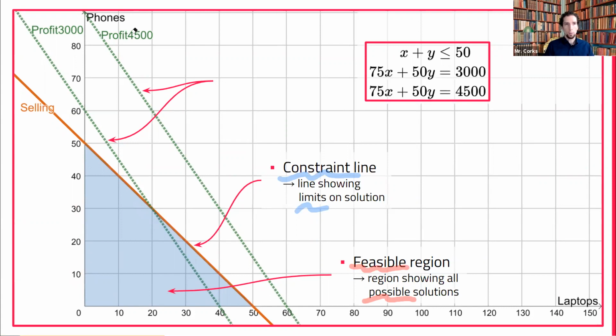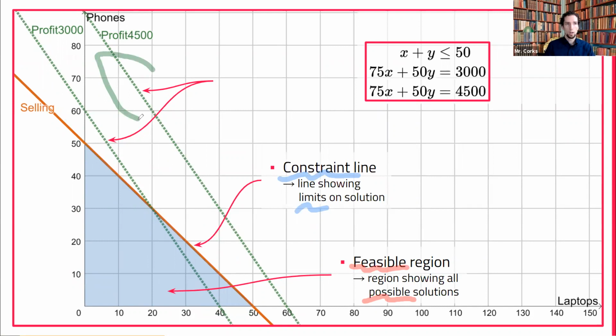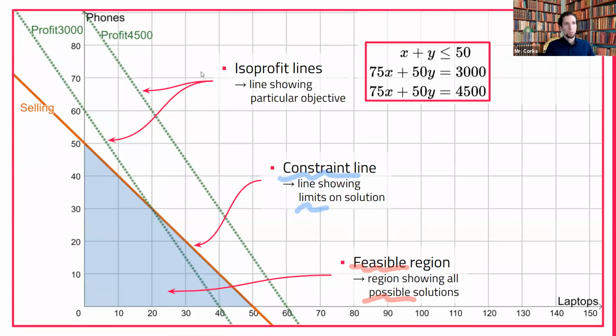And then if we want to figure out which one is the best, we have these two lines here that show all of the combinations of X and Y to get a profit of 3,000. And this other one showing all the ways to get a profit of 4,500. What's our fancy name there? Iso profit. Okay, so iso profit lines.